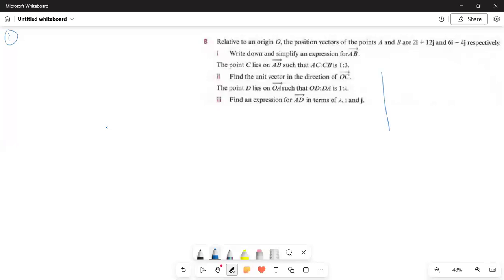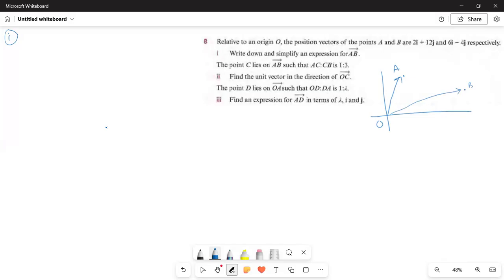You see, this is my origin, and there are 2 points, let's say A and B, and the vectors OA and OB are given.